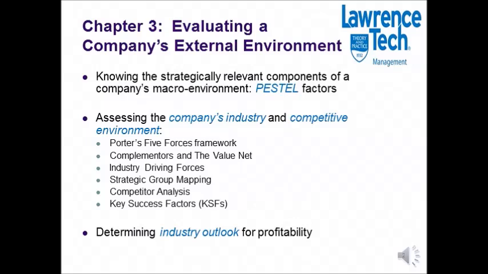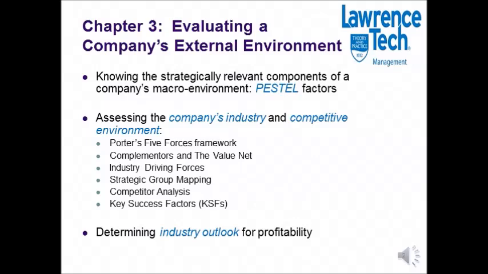The fifth tool to assessing the company's industry and competitive environment is doing a competitive analysis, knowing who your competitors are and being able to explore and try to understand, by doing, again, research, what do you believe are their current strategies? What are their objectives, and especially the capabilities, and what are the assumptions that you're making about your competition?